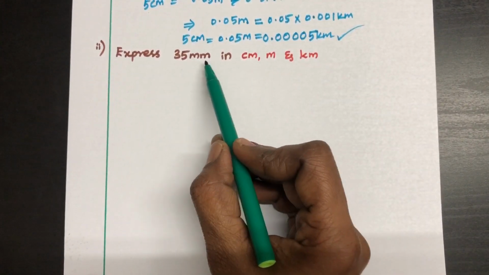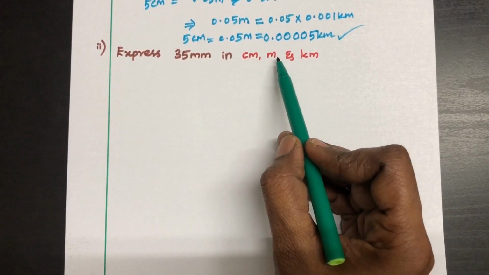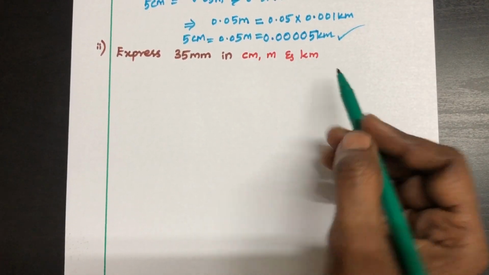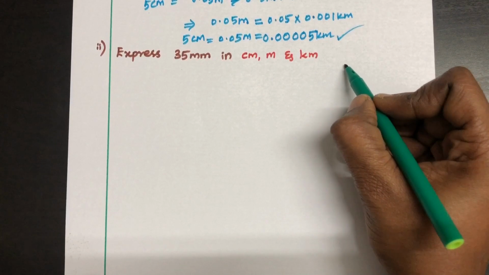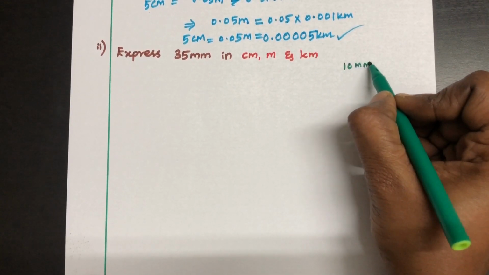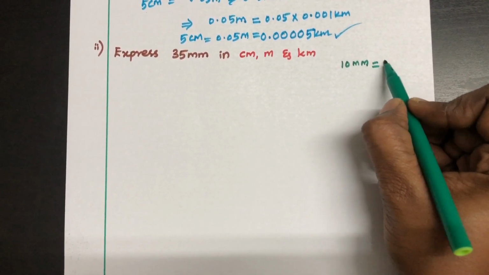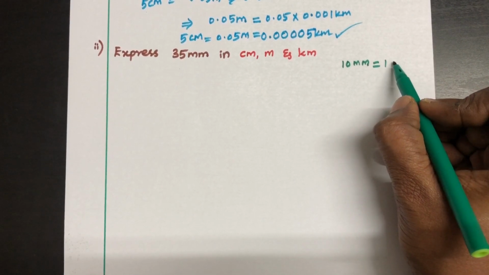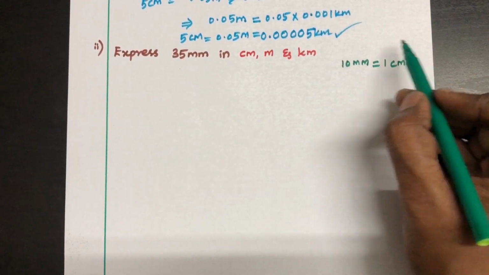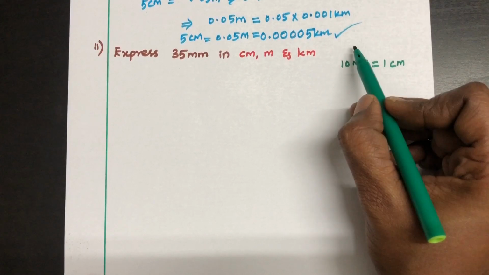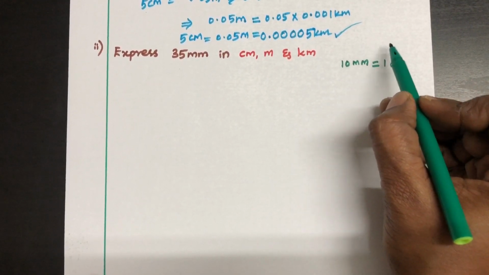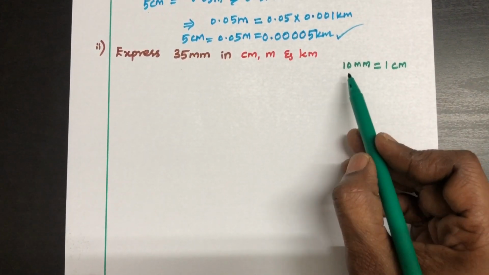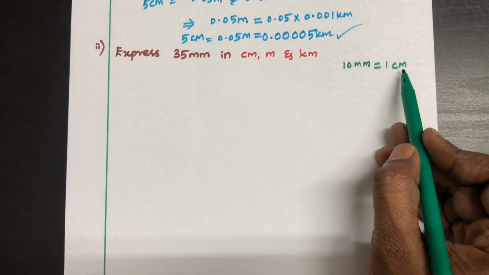Express 35 mm in centimeter, meter and kilometer. See, mm. 10 mm makes 1 centimeter, right? In the scale, between 2 centimeters, 10 small lines will be there. That is called mm. So 10 mm makes 1 centimeter.